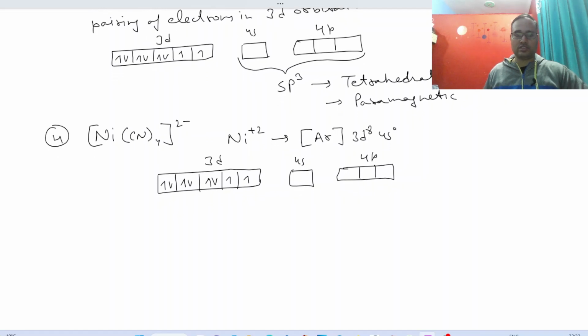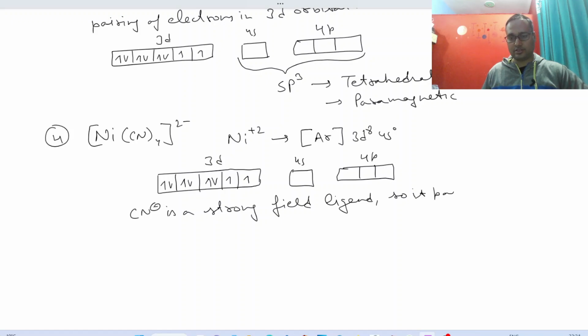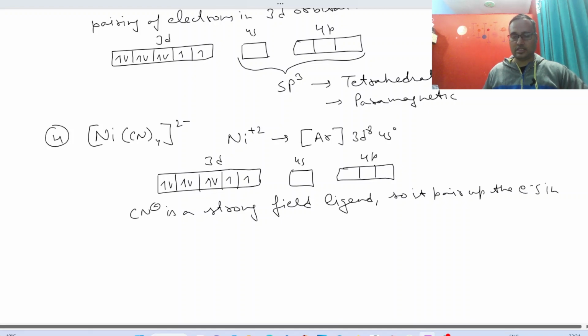Okay, now CN negative is a strong field ligand, so it pairs up the electrons in 3d orbital.